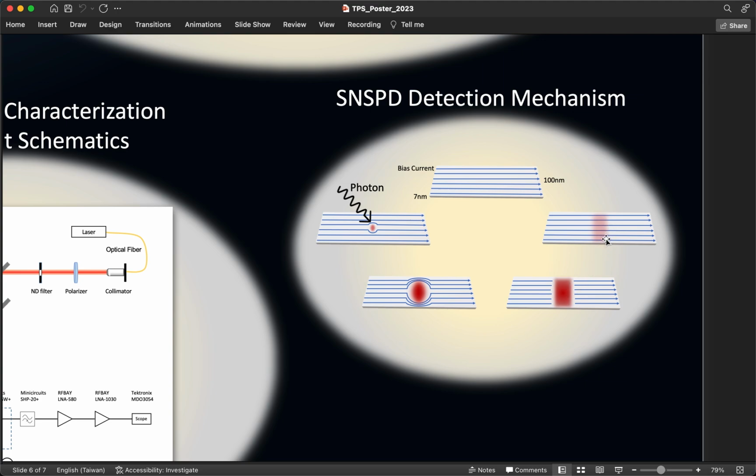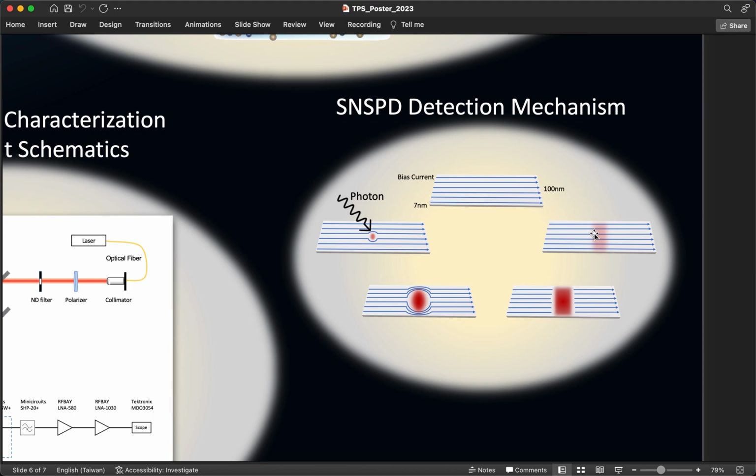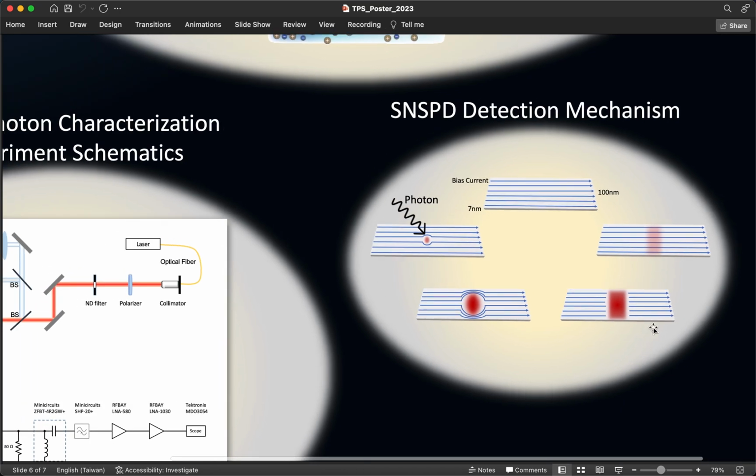Then the heat of the hotspot would be transferred to the substrate, and eventually it will come back to the initial state. So this is the whole cycle of one single event, and the SNSPD has very good recovery time.